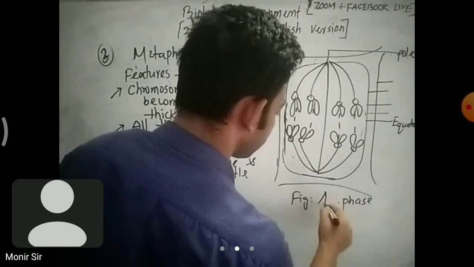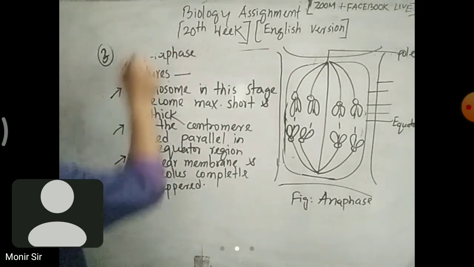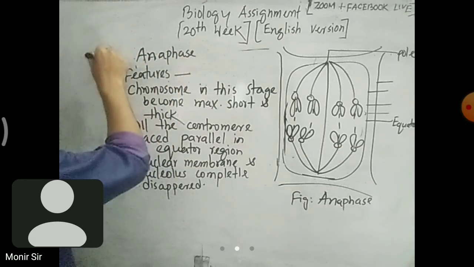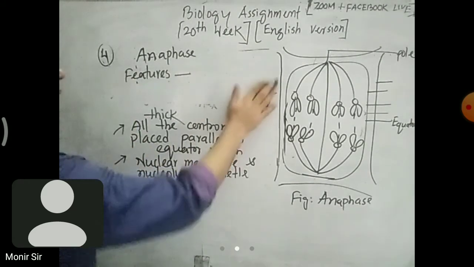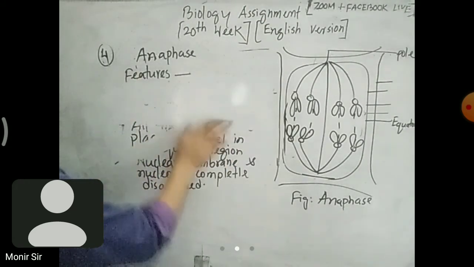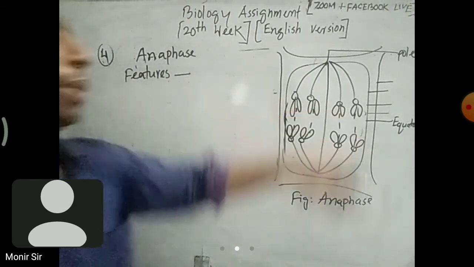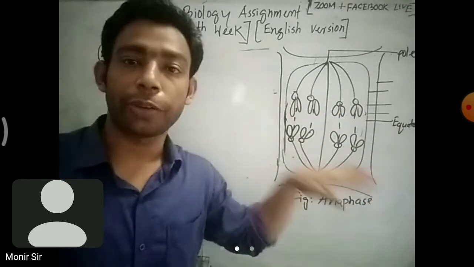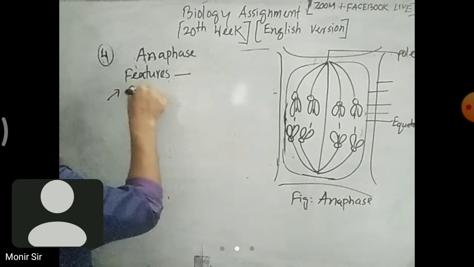This is not all the chromosomes greatly found in each and every figure. So this figure is the anaphase, and it would be the fourth. Anaphase. We'll see some features in a different way. Anaphase. So the centromere divided, whatever we have seen in the metaphase, all the centromeres divided.